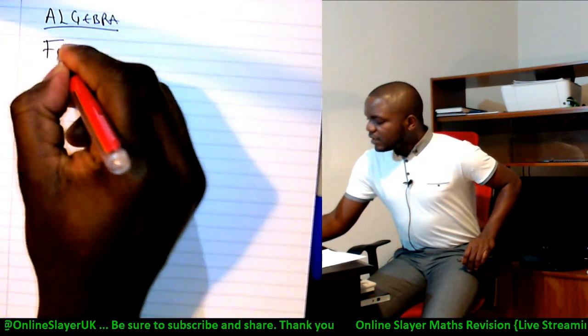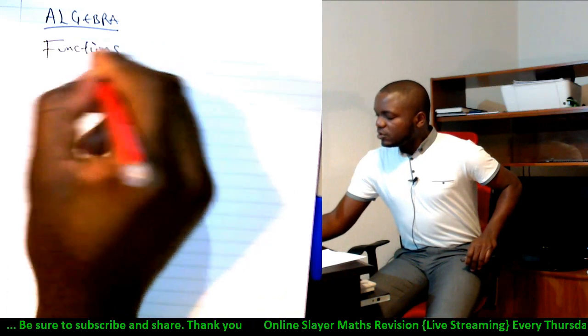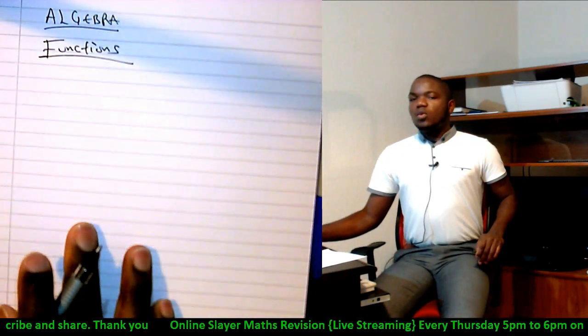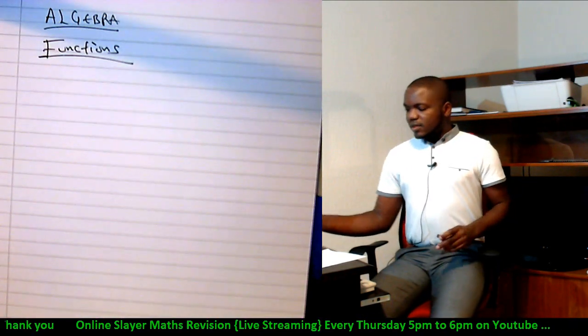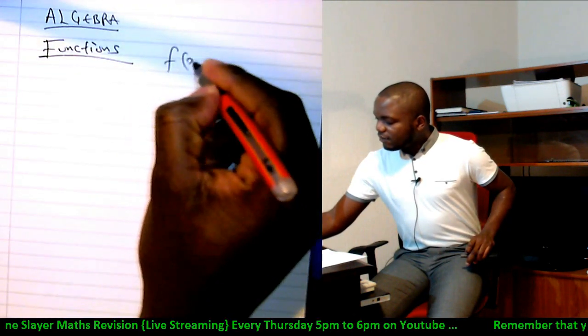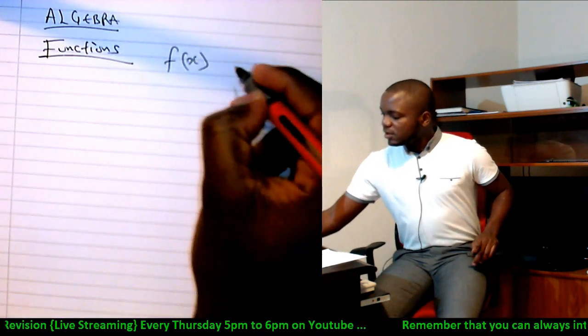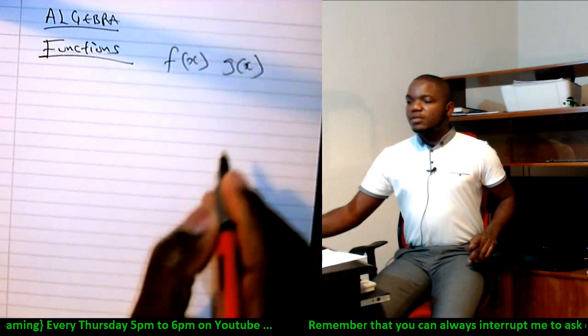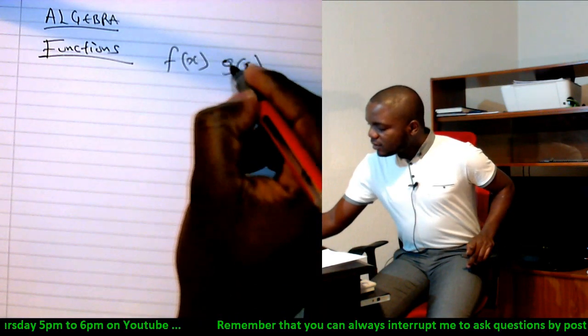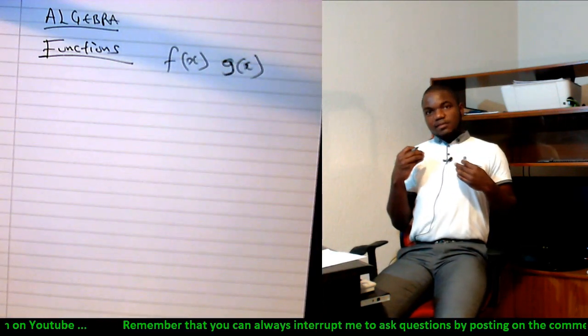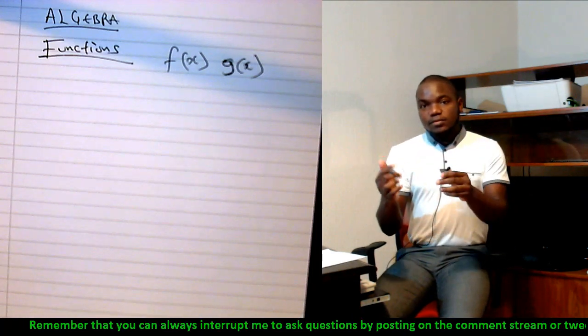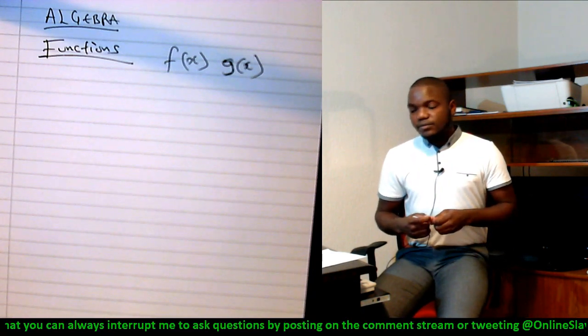You must have heard about functions so many times, but what are functions? Some things like f of x, you might have come across, g of x, you might have come across. Whatever has to do with taking in x and giving out a value is a function.